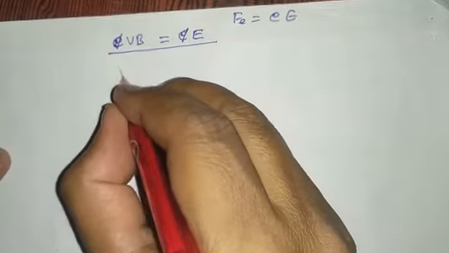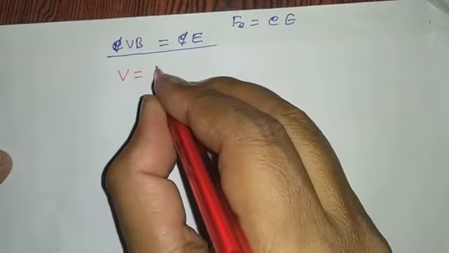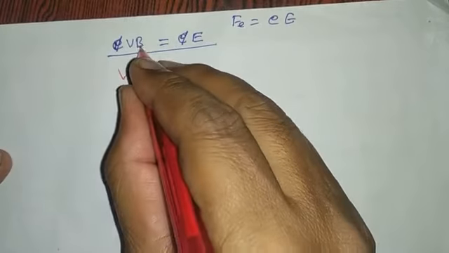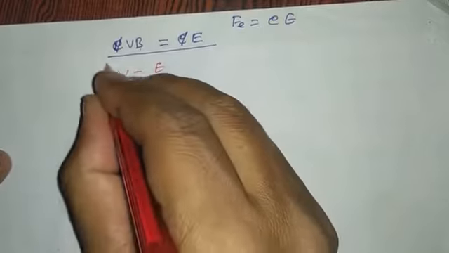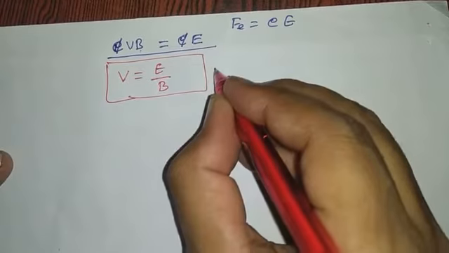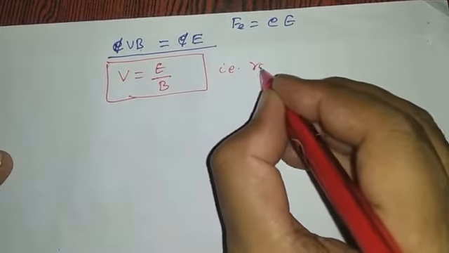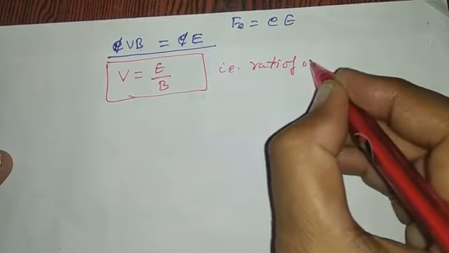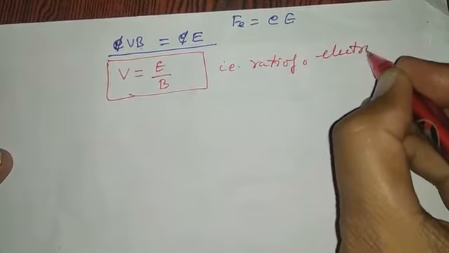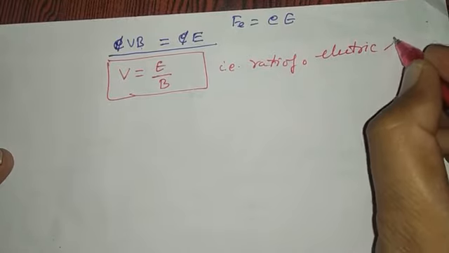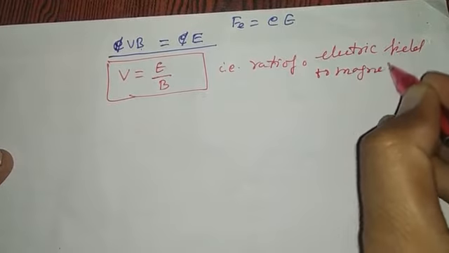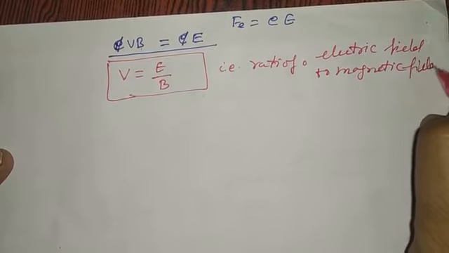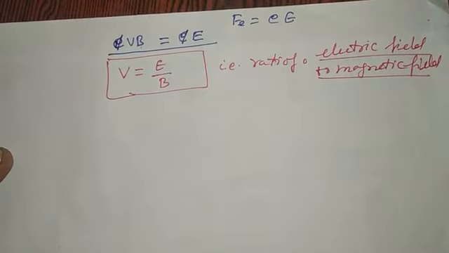So the velocity of the moving electron can be obtained by transferring B to the right side. This becomes E by B, that is, the ratio of the electric field to the magnetic field.